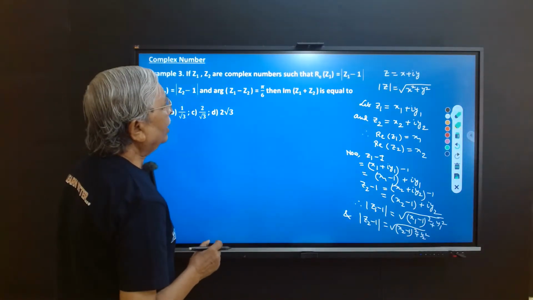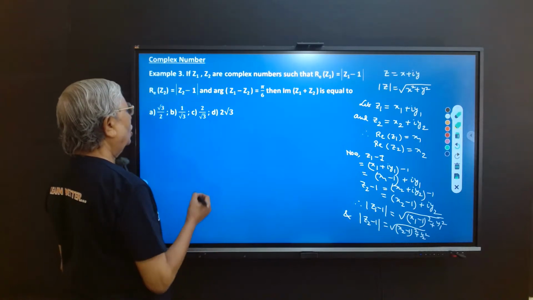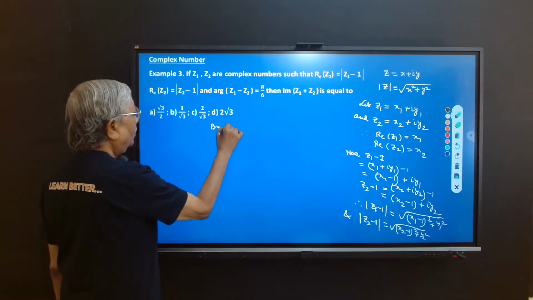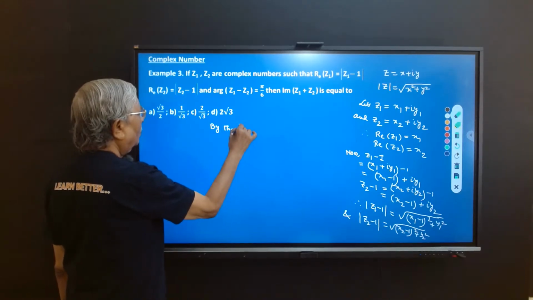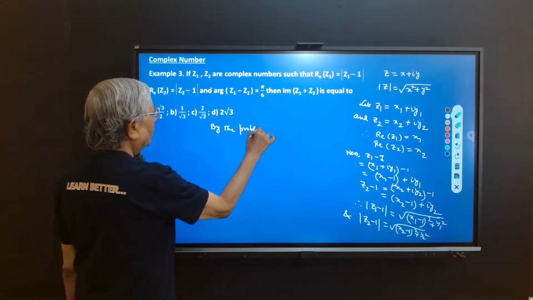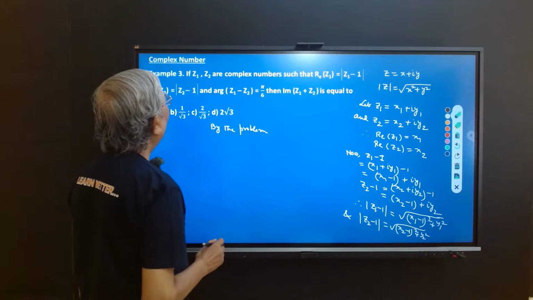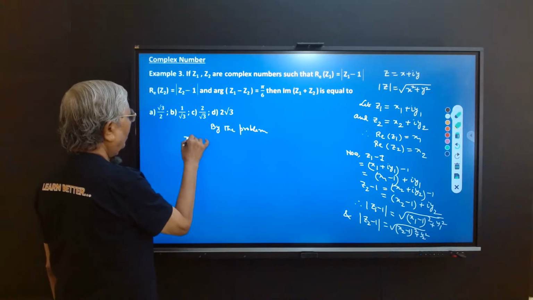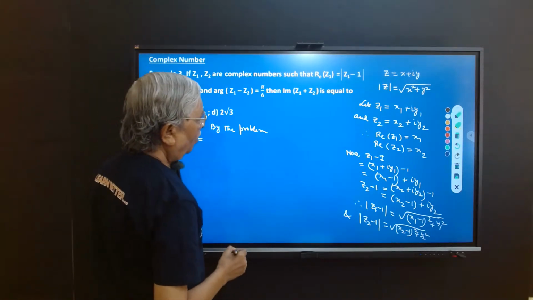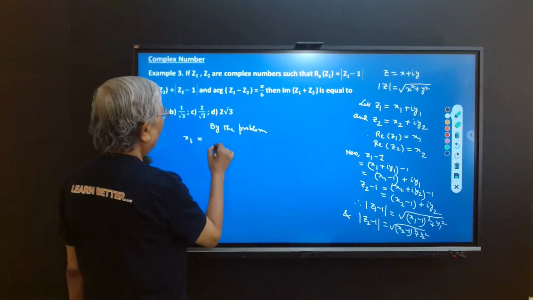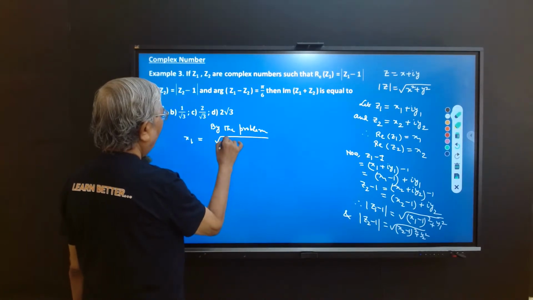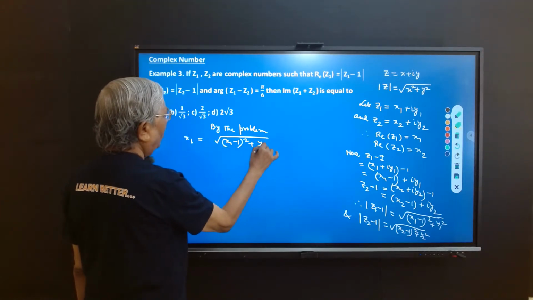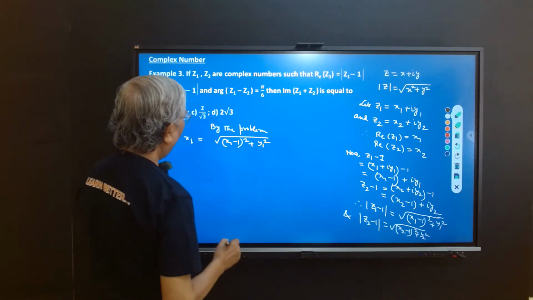What are you given? Real part of z1 equals the mod of z1 minus 1. So by the problem, real part of z1 is x1 equals mod of z1 minus 1, that is root over (x1 minus 1) whole square plus y1 square.